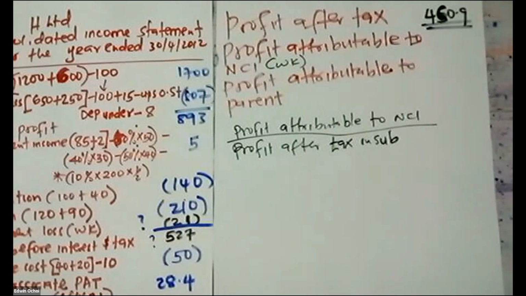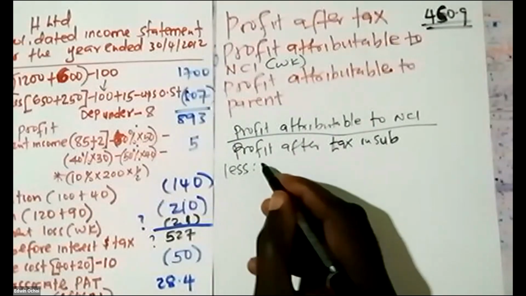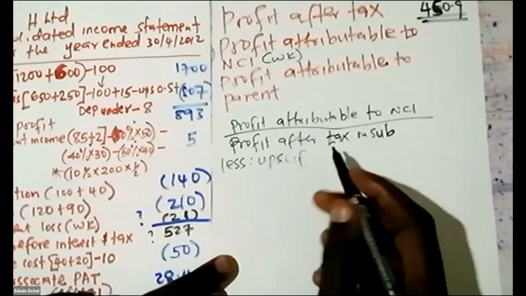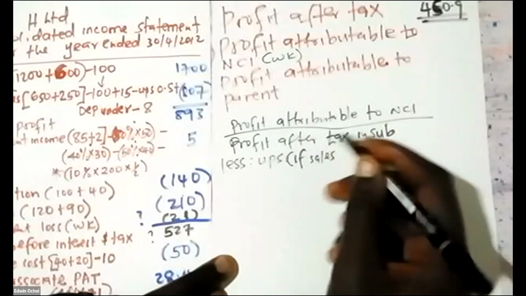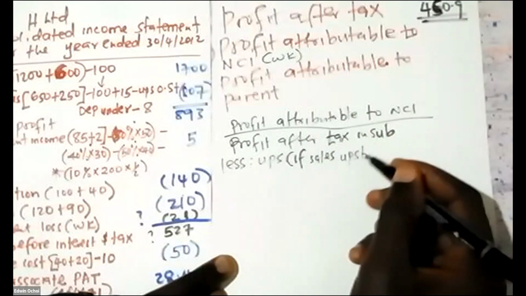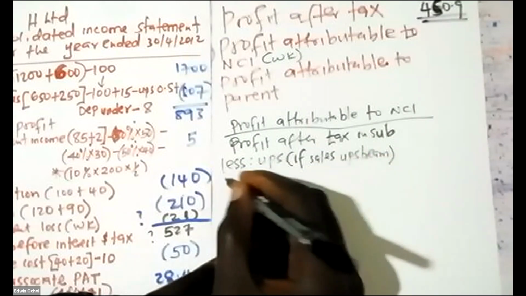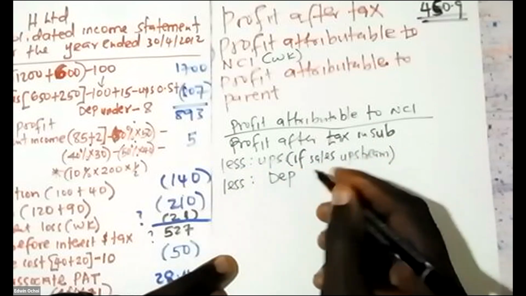So that profit is either overstated or understated. So you have to raise UPS if sales upstream. So sales upstream, that is you subtract. Then you have to raise depreciation.